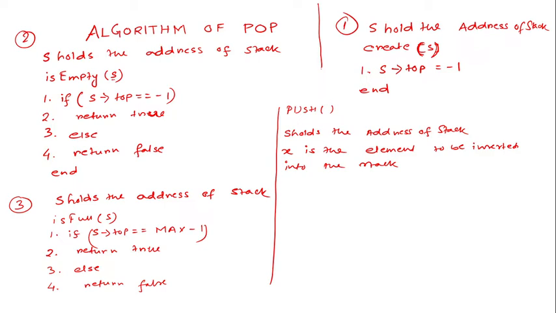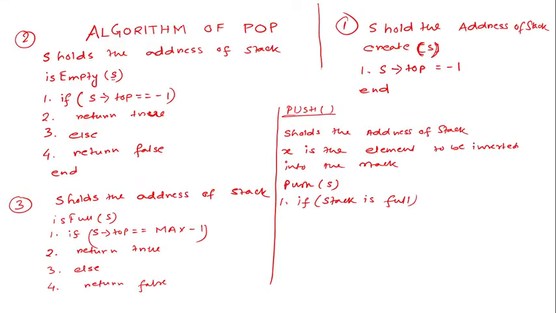Okay, now you can write down push X, S. Okay, push S. So at first you need to check if stack is full. Okay, so you need to check whether stack is full or not. If stack is full, then it will check according to the is-full algorithm.